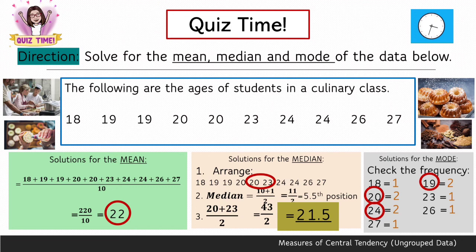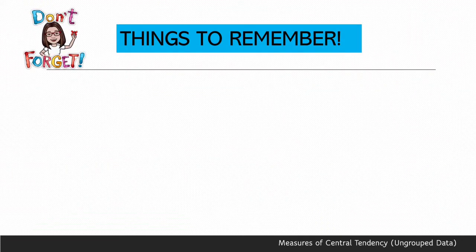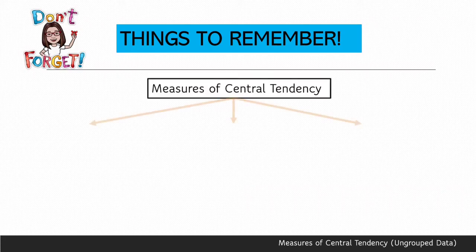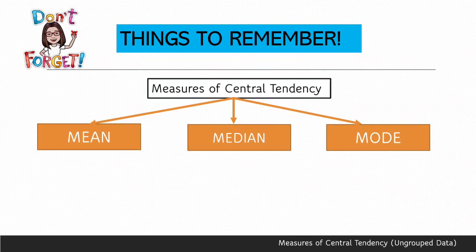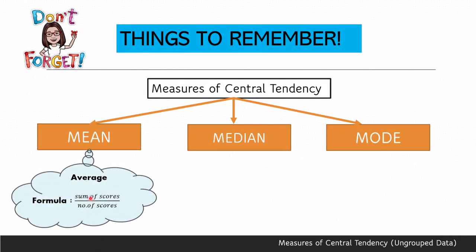Nice work! Very good! To wrap it up, I want you to remember the following things that we have discussed. There are 3 measures of central tendency: the mean, median, and mode. Mean pertains to the average. And to get the mean, we have to use the formula, the sum of scores divided by the number of scores.